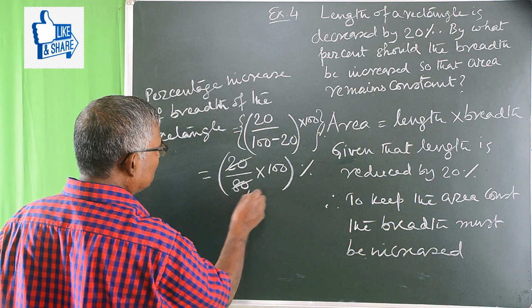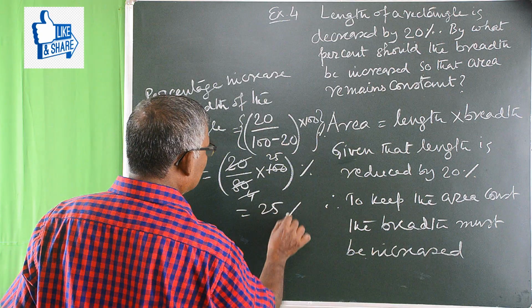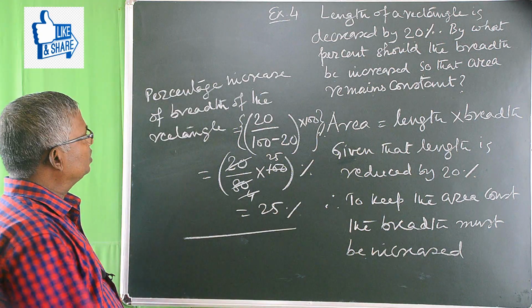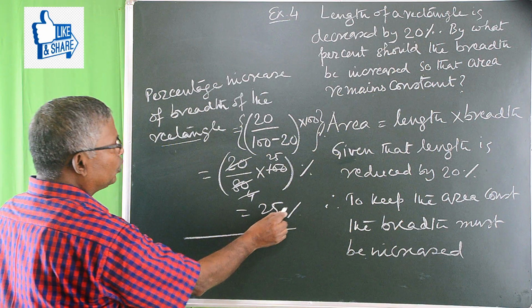Here it is 4, 25 equal to 25%. Therefore, the breadth of the rectangle should be increased by 25%.